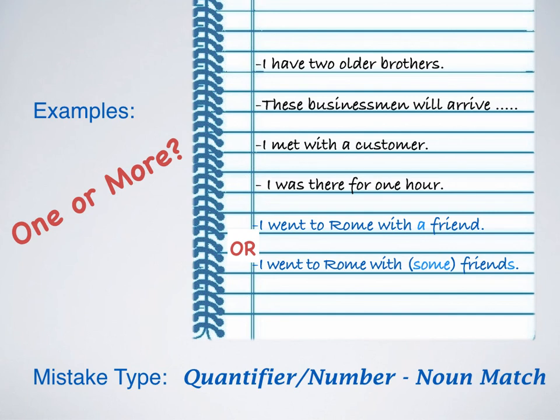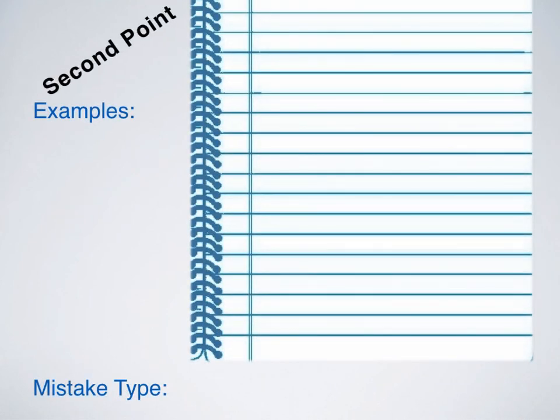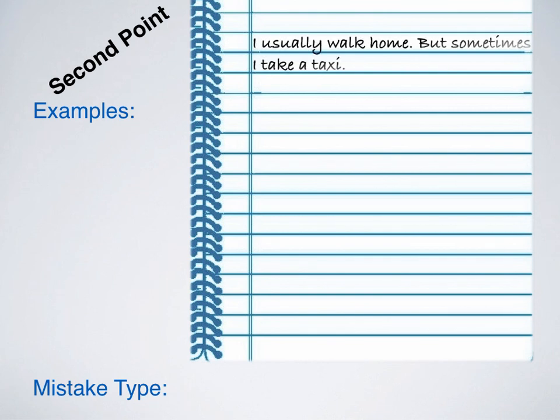That's it. And the next point is, look at this. We're going to see some examples of the use of and, but with big letters, capital letters.